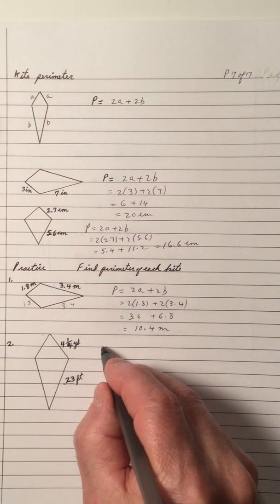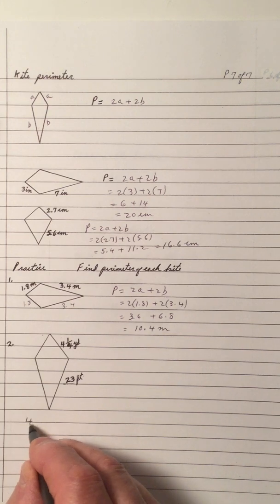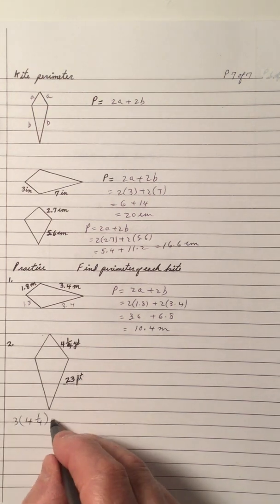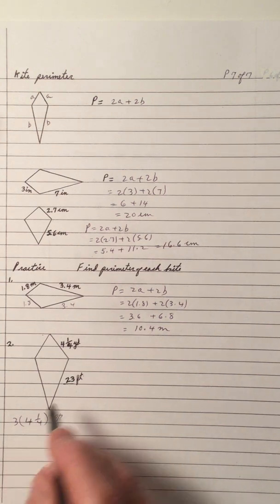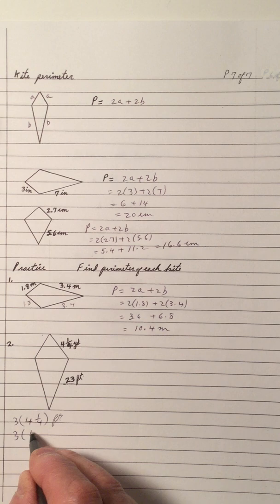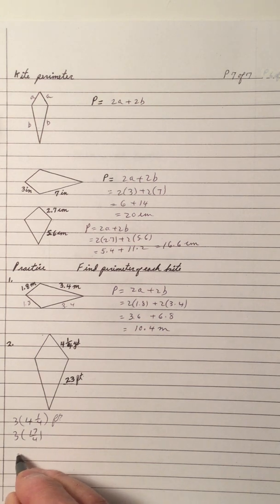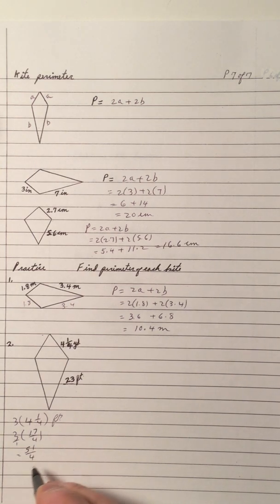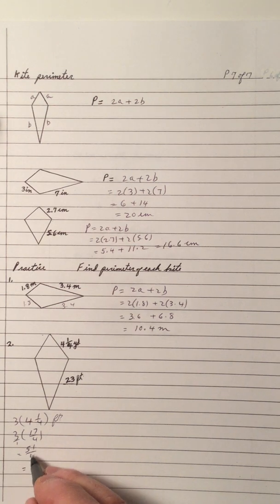If we take the 4 and multiply that by 3 and convert it to feet, because there's 3 feet in the yard, that gives us 51 over 4. We can leave it like that and work it out further because we're going to have to double it.